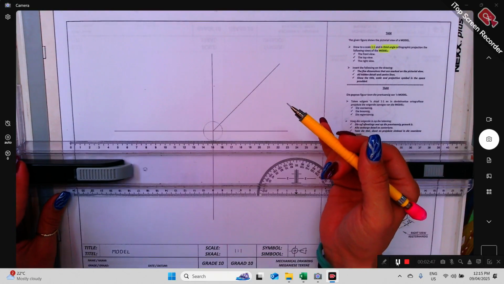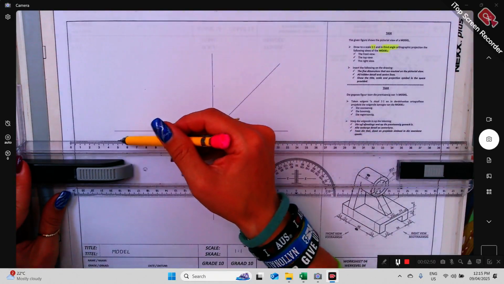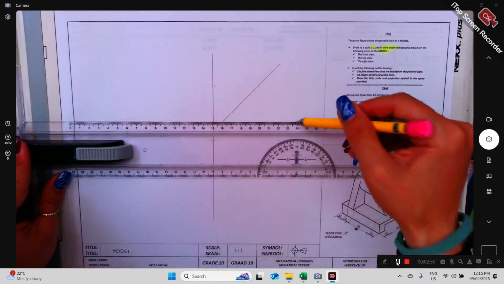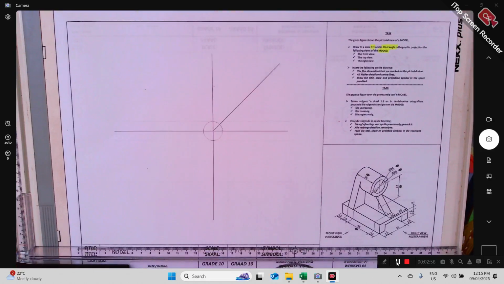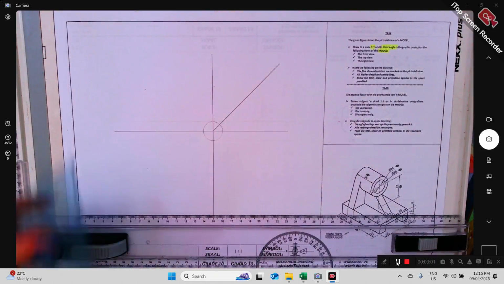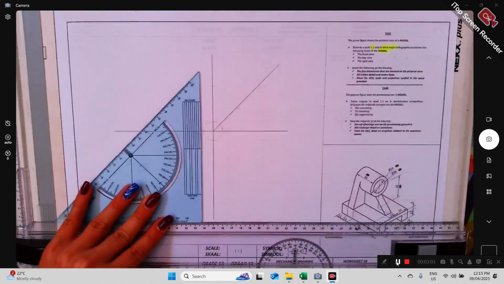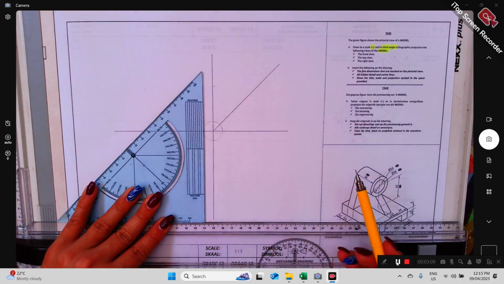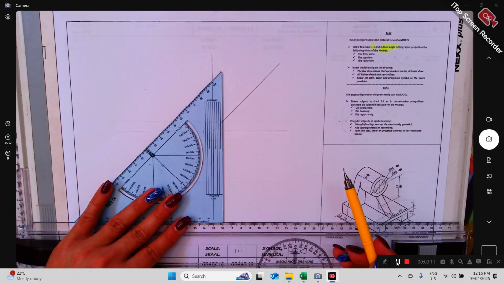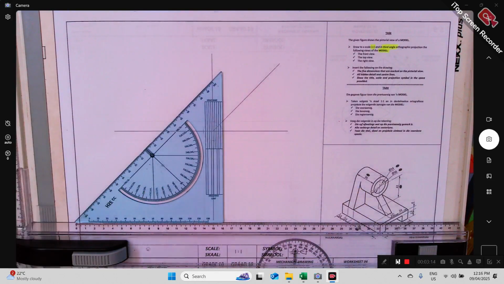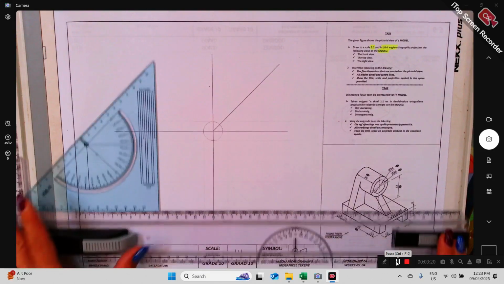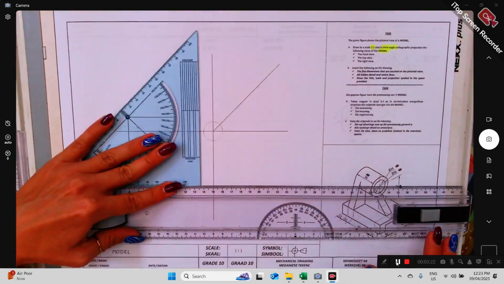I take my board ruler, touching the circle, construction line. I take my 45-degree triangle, 90-degree construction line, okay, 90-degree angle onto where I have to draw my top view.